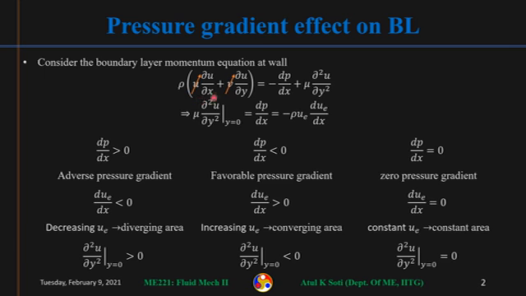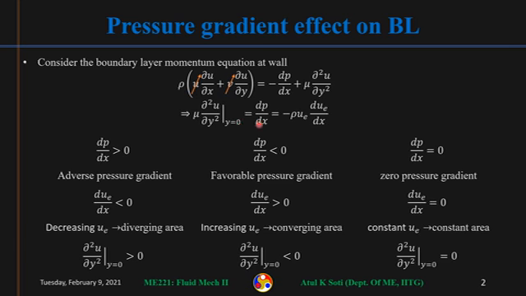Okay, so this is how dp by dx is related to free stream velocity. So eventually the second derivative of velocity u with respect to y, this del 2 u by del y2 at wall, is related to dp by dx and du by dx using this expression. Okay, now what can we say about the sign of del 2 u by del y2?